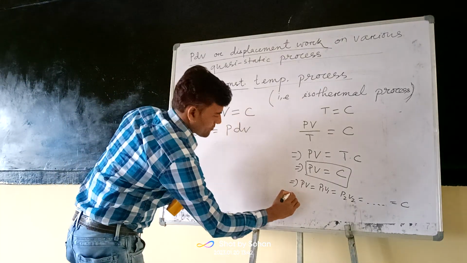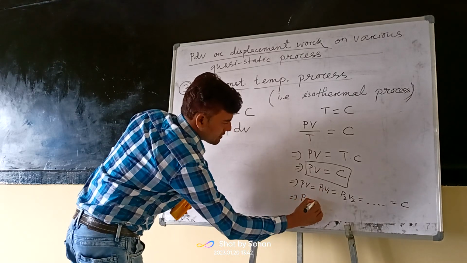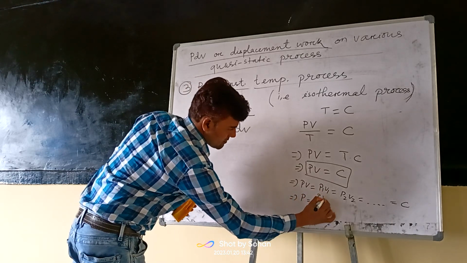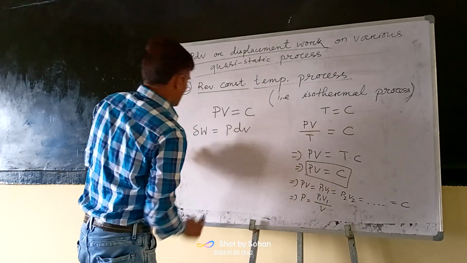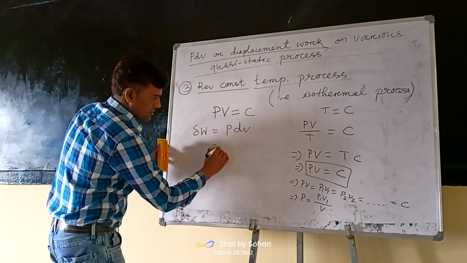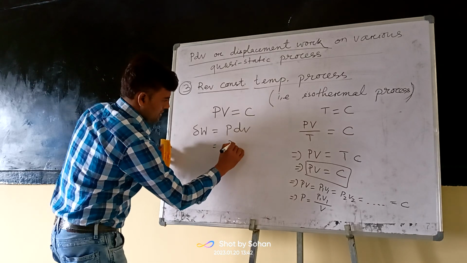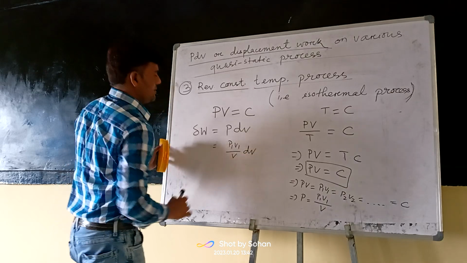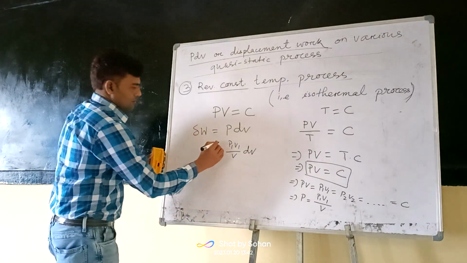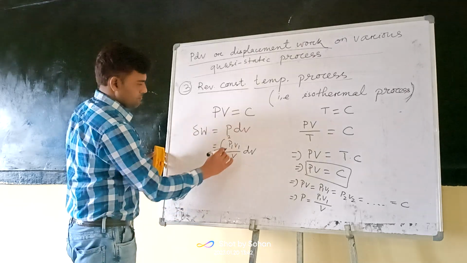So P equals P1 V1 by V from the above equation. Put the value of P in this equation: P1 V1 by V dV. Now integrate from 1 to 2.